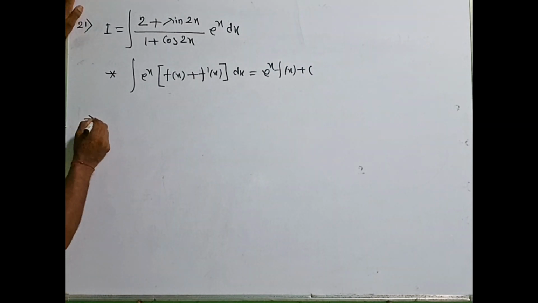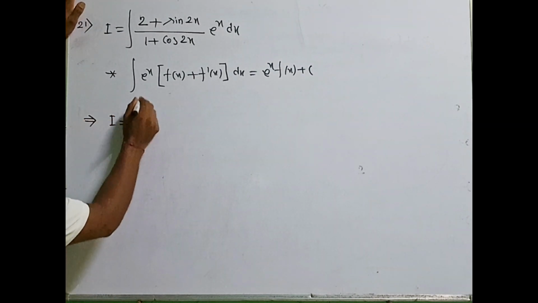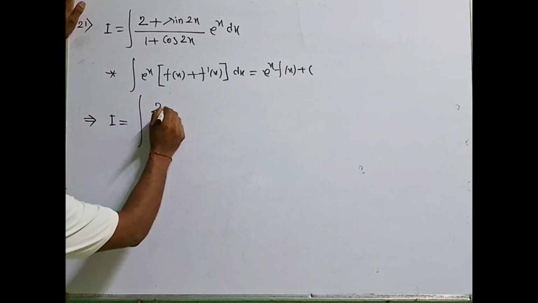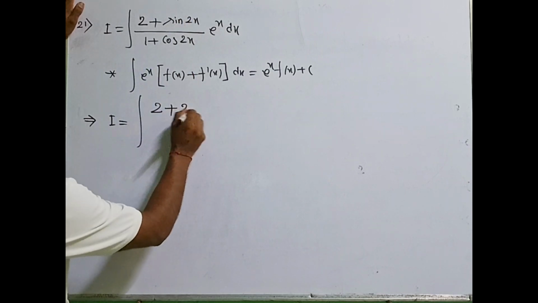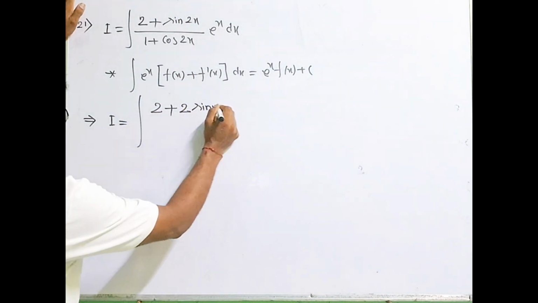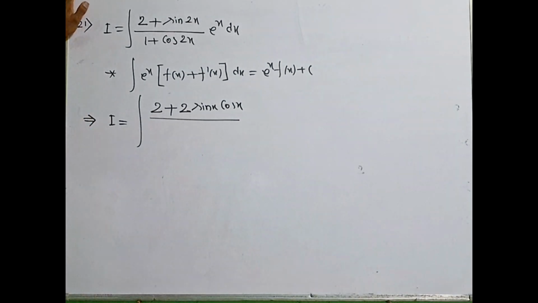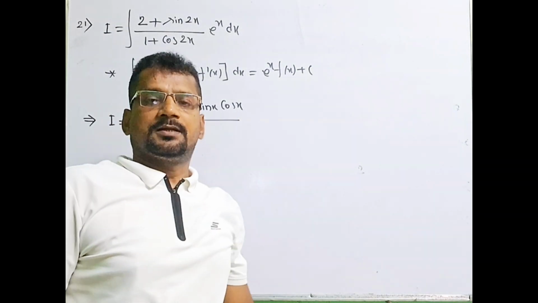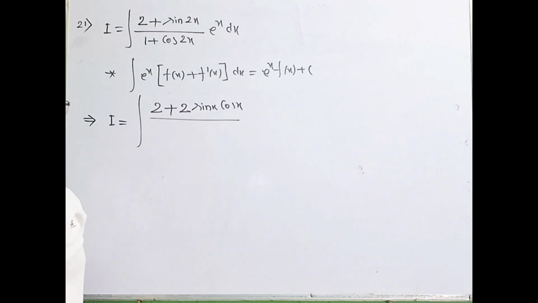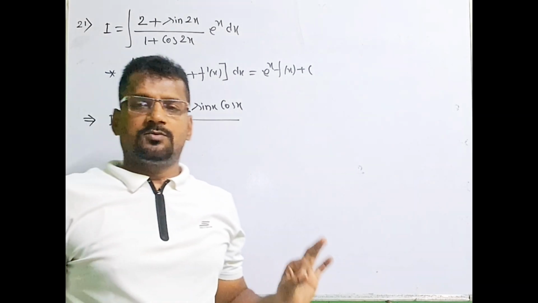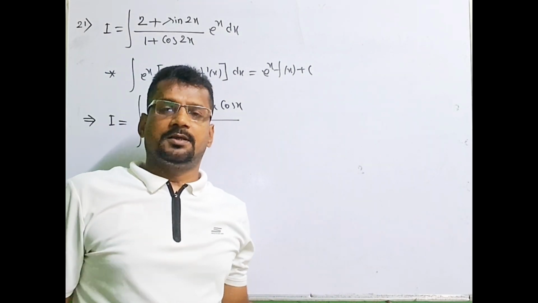So let us try. I equals the integral of 2 plus sine of 2x, you can write 2 sine x cos x, divided by 1 plus cos of twice theta.